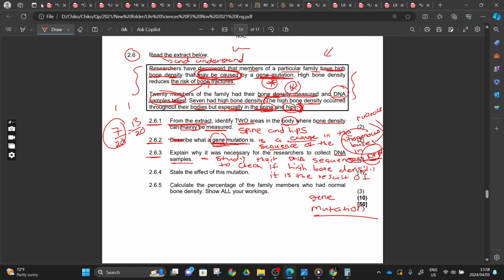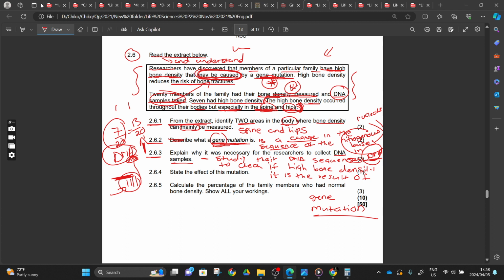Because they found 7 of them, and then they studied their DNA. After studying their DNA, they find that this DNA is different from this DNA on this side. It means that we had a mutation. Maybe some nucleotides were added, and when these nucleotides were added, they went to the bone and increased its density.